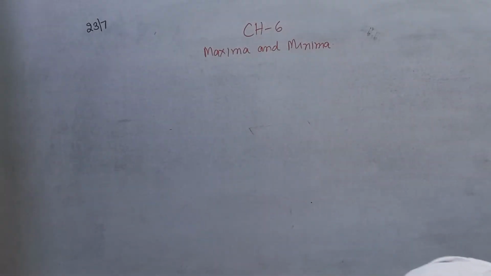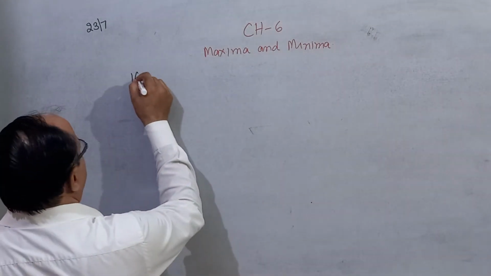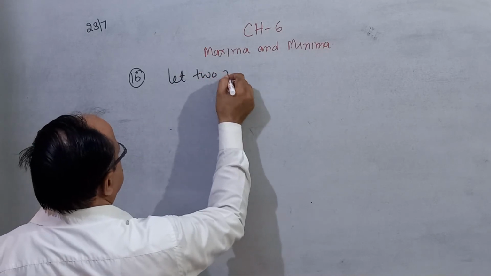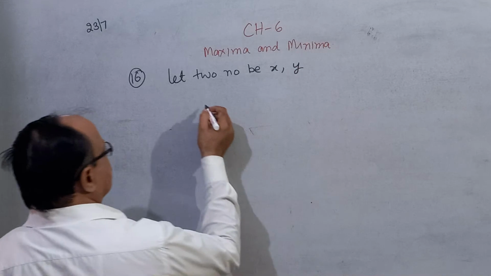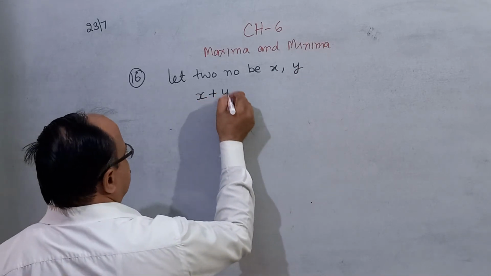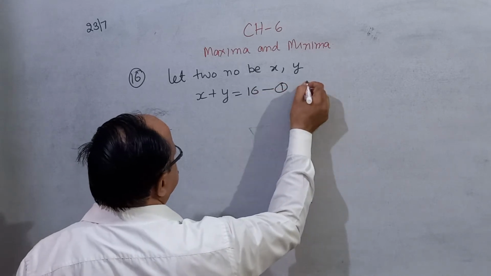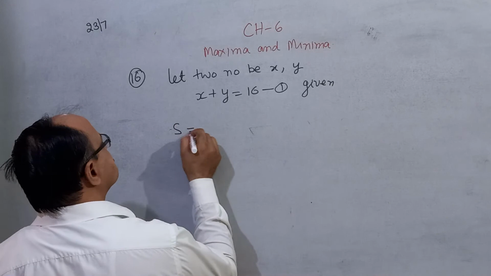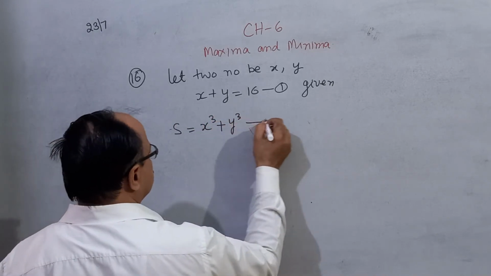The sum of two numbers is 16. Let the two numbers be x and y. Their sum is given as 16, and the sum of whose cubes is minimized.